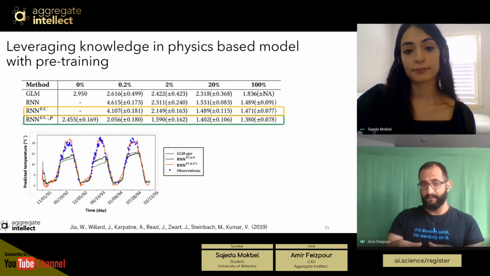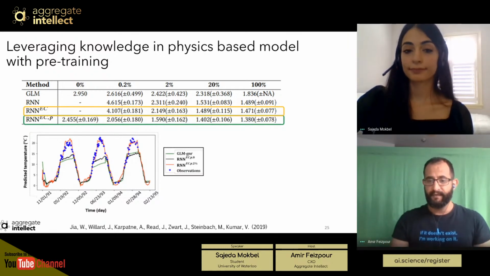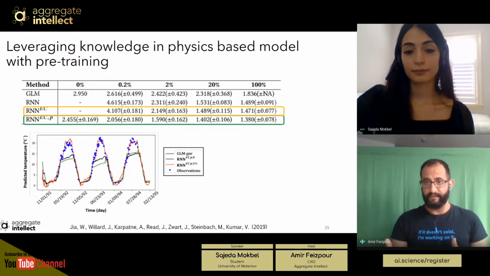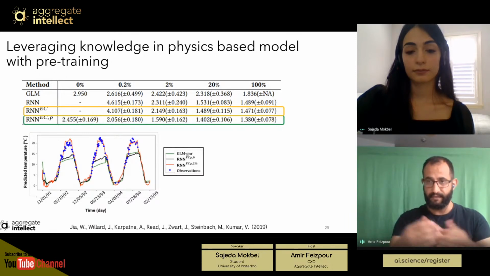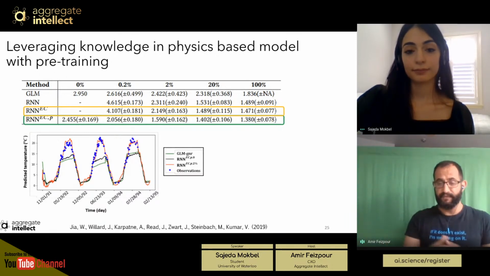But we know that the pre-training is helping with initialization, as you just said. So potentially, what we can do is to do the pre-training, to do the initial simulation on a smaller scope, more limited, something that we can do quickly, just for the sake of being able to do better initialization, and then leave the rest of it to the machine learning model, which is a very interesting approach.